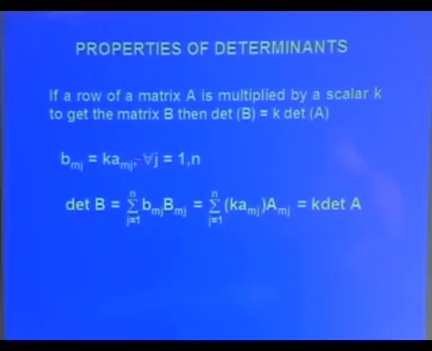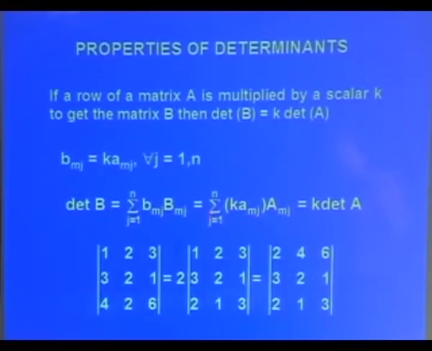So let us say I am multiplying the mth row of the matrix by k and I am getting a new matrix B with elements bmj, then determinant B will be k times determinant A. The proof of this is simple. I am writing determinant B, by definition it is the sum over j equal to 1 to n of bmj and its cofactor Bmj, which is equal to, now for bmj I have k times amj, so k amj into Amj. Now k can be taken outside, so what remains is amj into Amj, and that is the determinant A. So determinant B is k times determinant A.